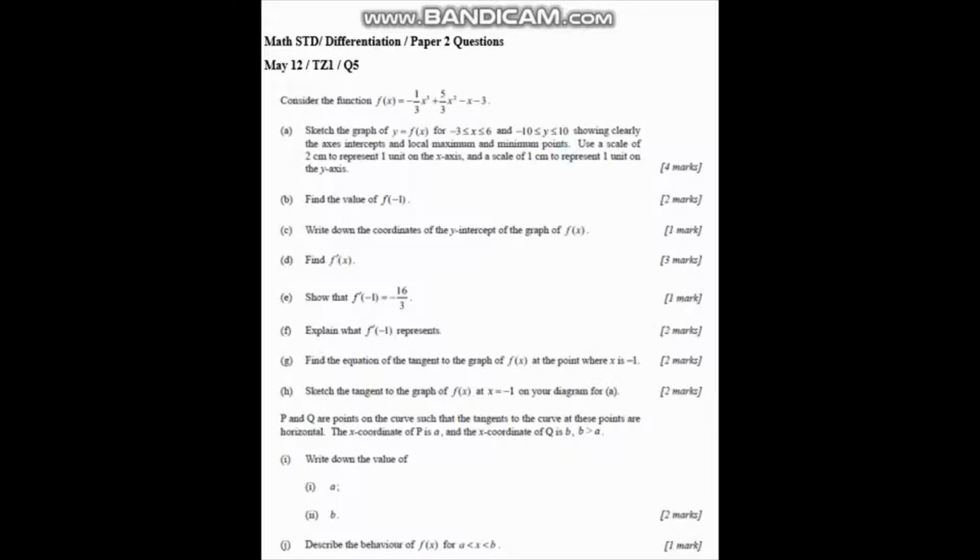So in question A, you are required to sketch the graph of the given function, and you are given the window settings that you need to use. You should show clearly the axes intercepts and the maximum and minimum points, and you are given the scale to use on your graph paper. So I shall write the equation down on my GDC.